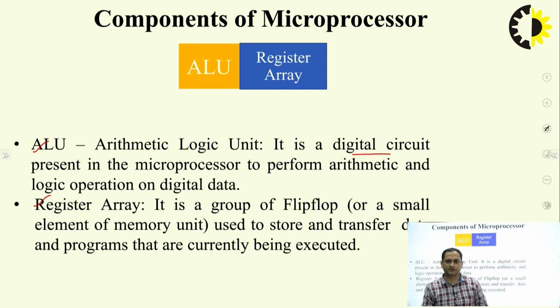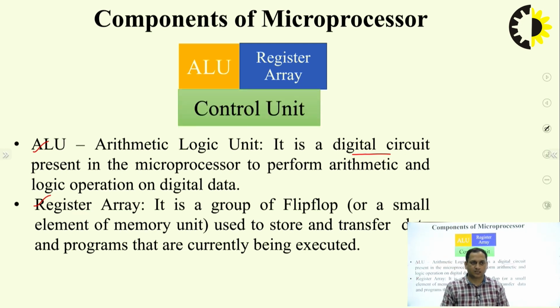Okay, with 16 bits of address lines, for example in the 8085 microprocessor, the programs to be currently executed are stored as information in the registers. Then next is the control unit.